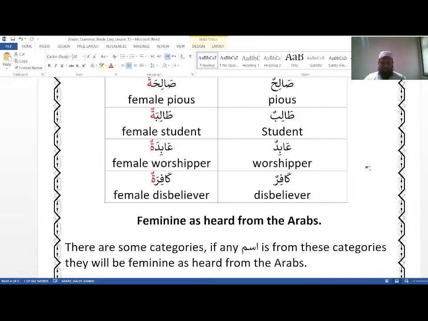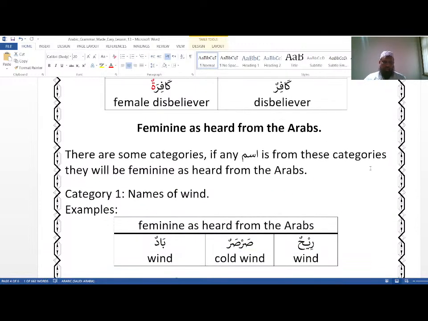So let's go through some of the famous categories, and we'll know. Number one category, names of wind. You may be saying, how come wind has names? Yes, like in English, we do have hot wind, cold wind.